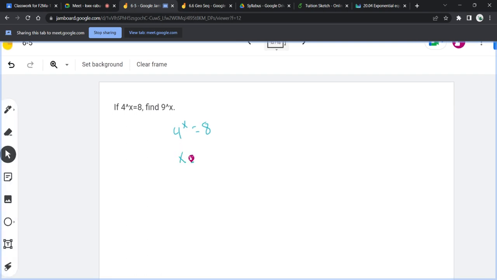Okay, so same, we should make the bases the same, and then we can compare the index.